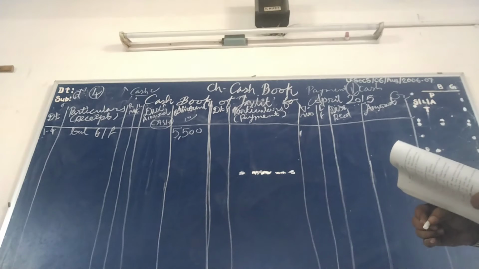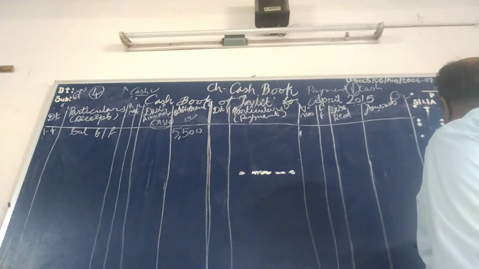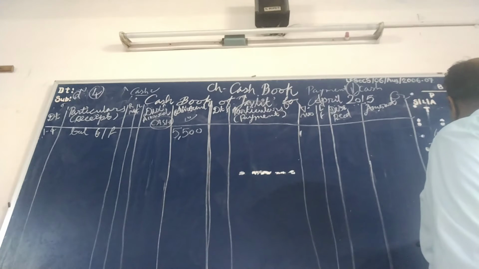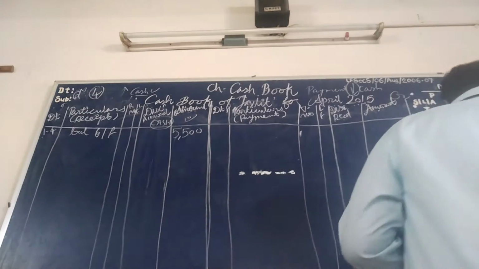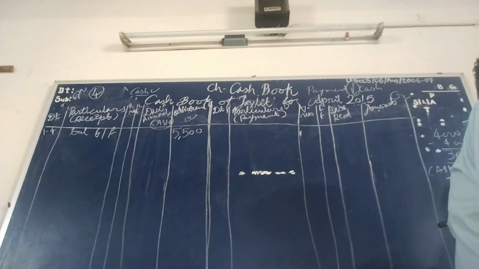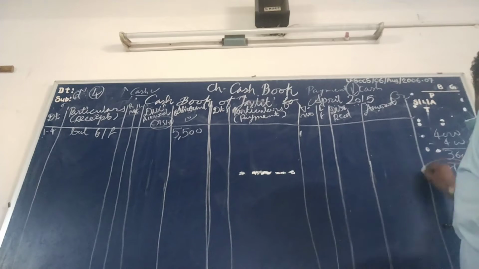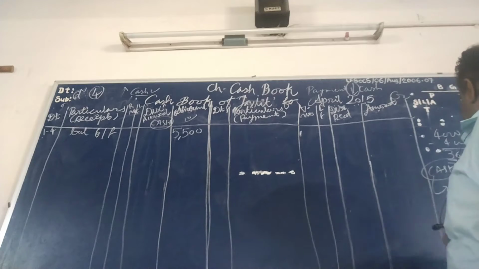Okay. So 4,000 goods sold. So 4,000 minus 10% cash discount, it is 400. So 3,600. So the journal entry will be cash to sales. This means it will be debited in the cash account, as we receive cash in the form of sales.